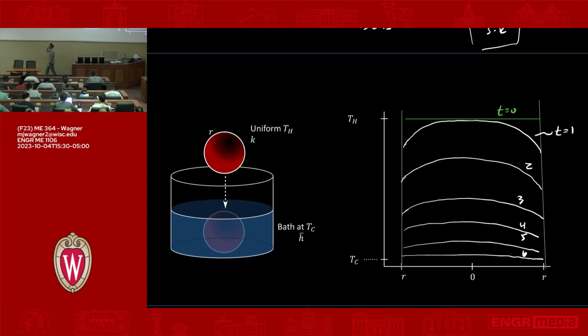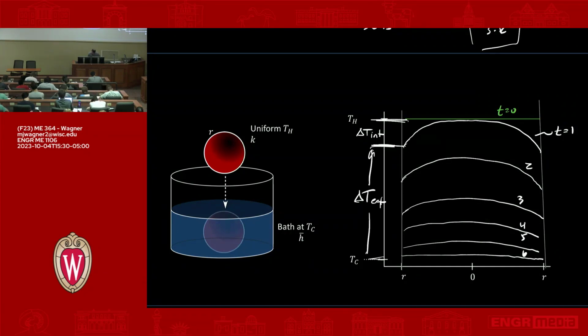But the important thing is this difference between the temperature internally and the temperature externally. In this example, the way I've drawn it, there's this temperature difference right here. Let's call this delta T internal. And then there's this temperature difference here, delta T external.